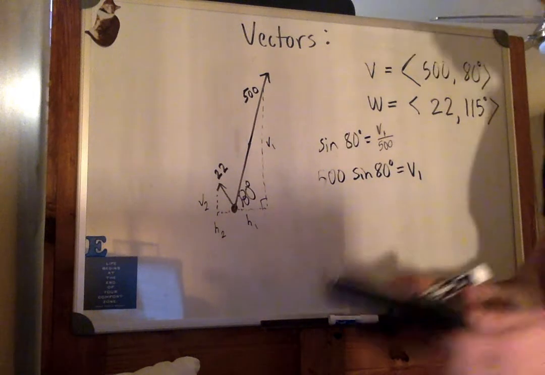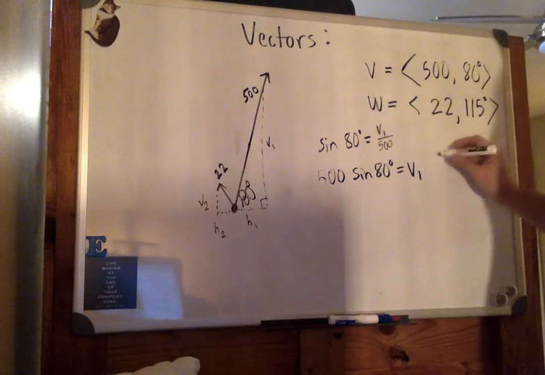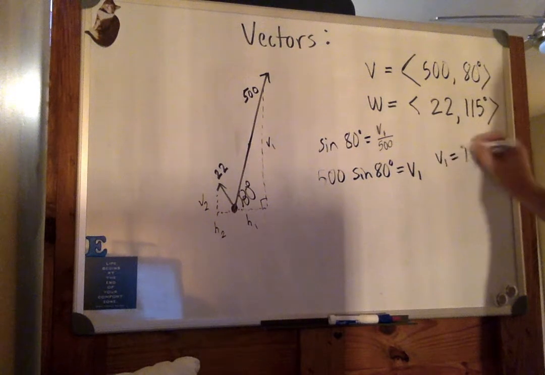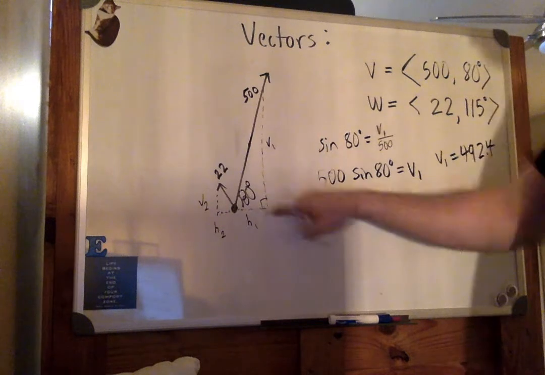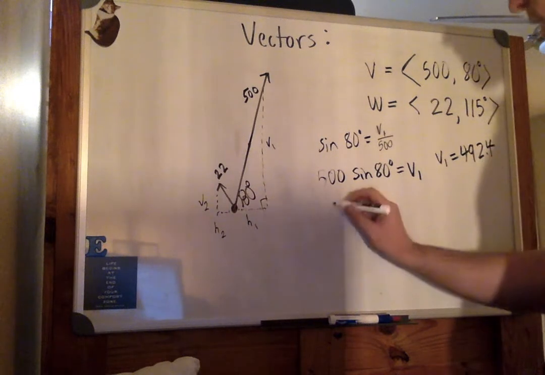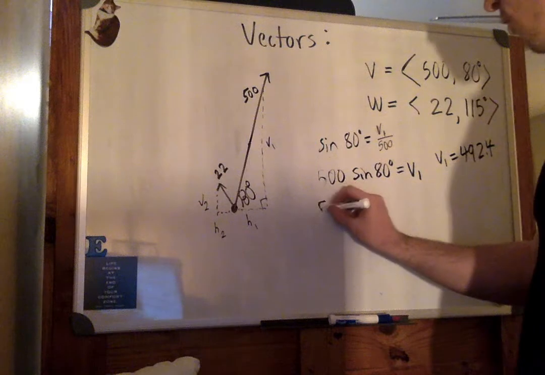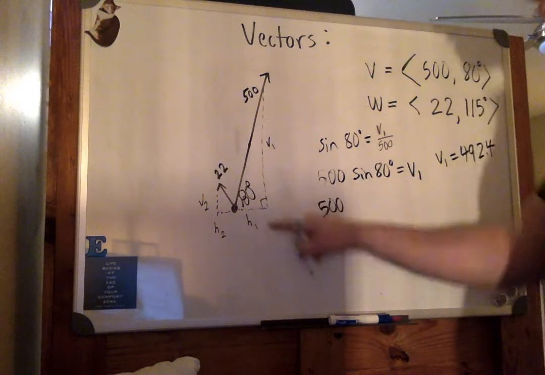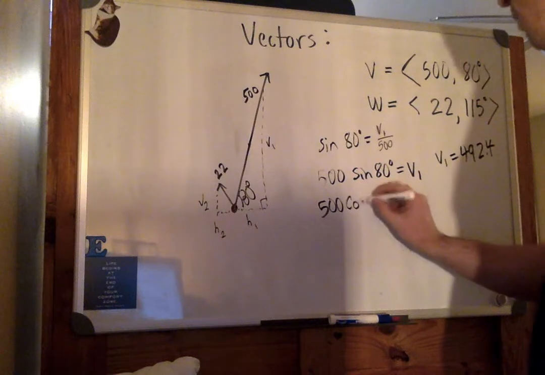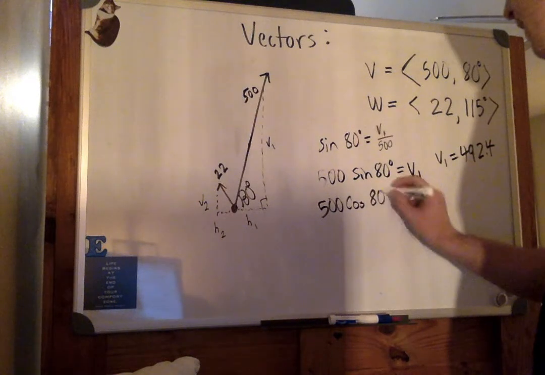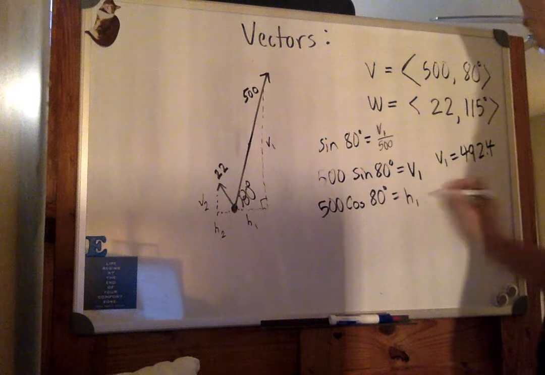There it is, 492.4. So V1 is equal to 492.4. To find H1, the horizontal component, well, that's the adjacent side. So I'll use this exact same formula, 500, but instead, since it would be H1 over 500, I'll use cosine of 80 degrees to find my H1.